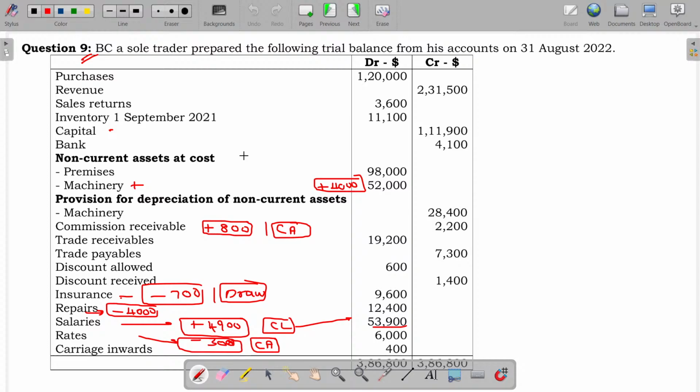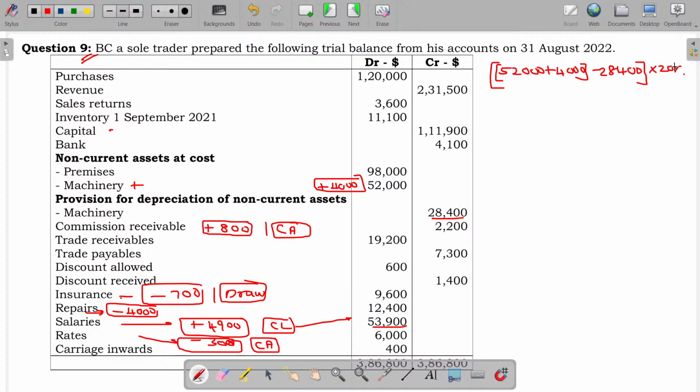So the machinery value being 52,000 plus 4,000 should be added as there is an error, and accumulated depreciation of 28,400 should be subtracted. This will be the net book value as we are following the reducing balance method. On this you have to calculate depreciation at the rate of 20%.